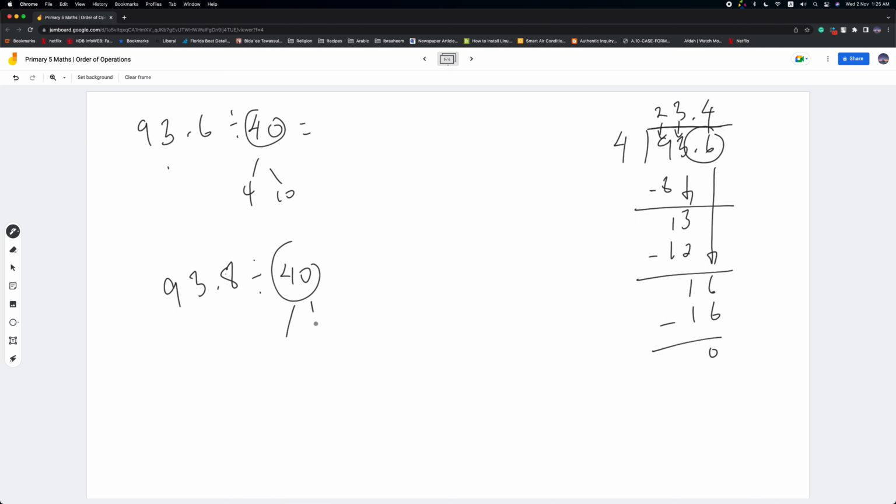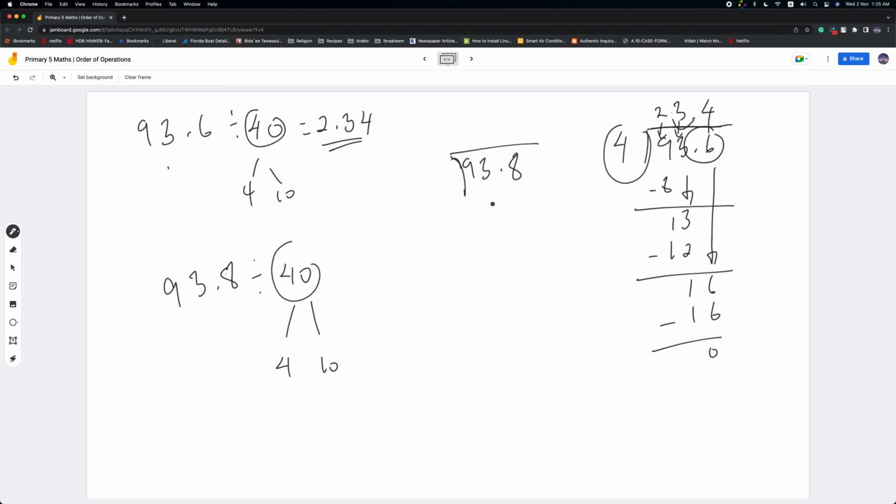Let's say they say give your answer in 2 decimal places. So this is how we're going to do the working here. 93.8, we're going to divide by 4. We are not done with this one yet, because we only divided by 4. Maybe we should finish that one first. After we divided by 4, we still need to divide by 10. So the decimal will shift 1 place. So we get 2.34.